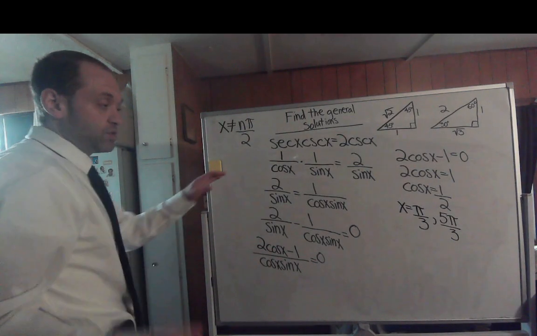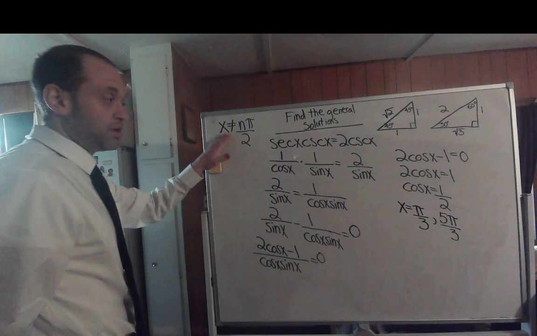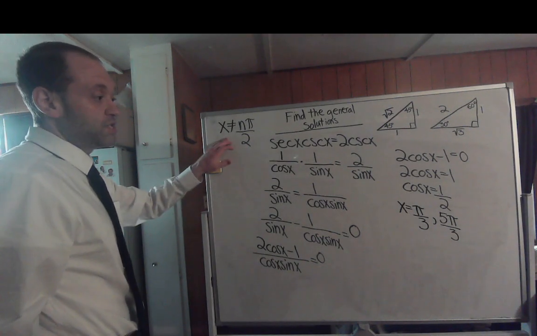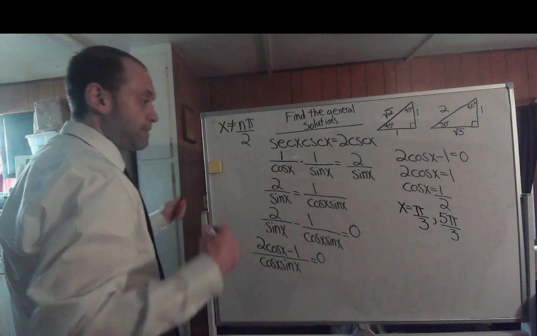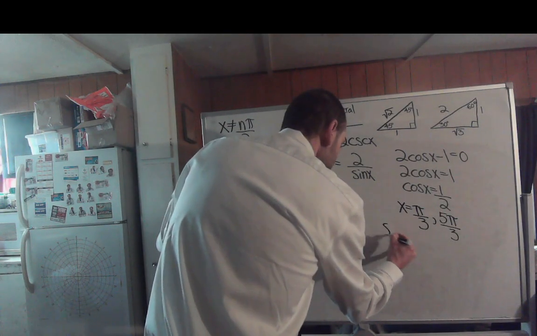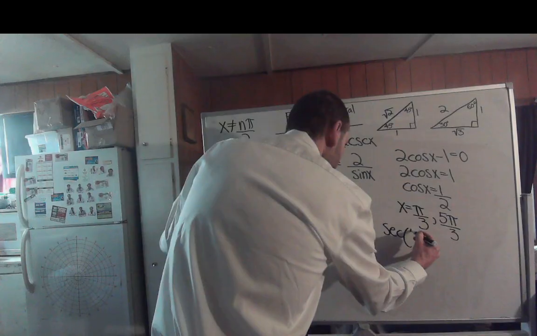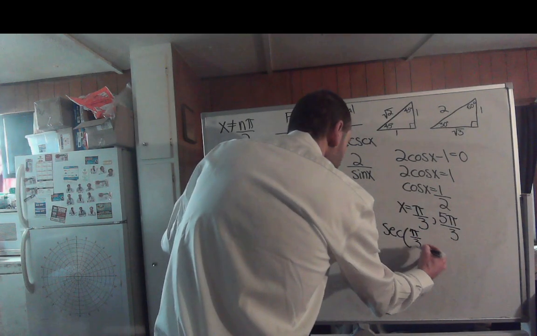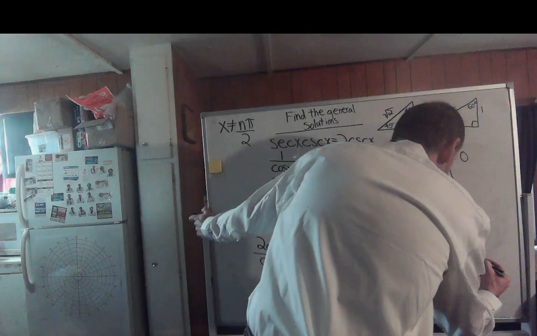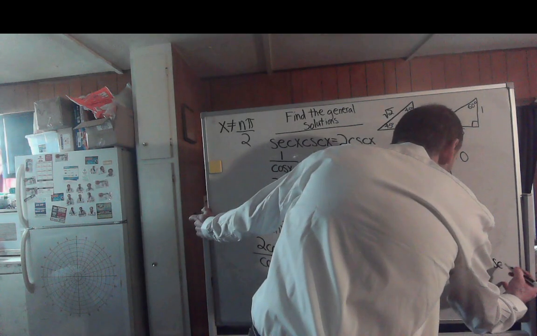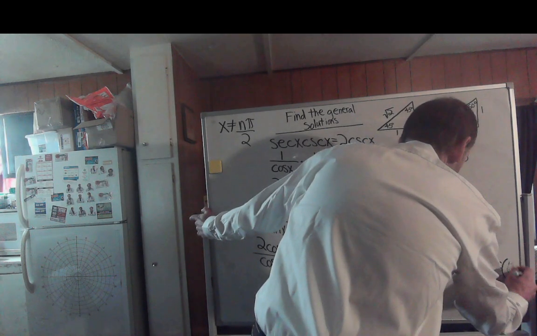Well, so far we don't have to exclude them because they're not multiples of pi over 2, but we still have to check to make sure these stack up in the original equation. So take the secant of 5 pi over 3 times the cosecant of pi over 3. Set that equal to 2 times the cosecant of 5 pi over 3, or pi over 3, excuse me.